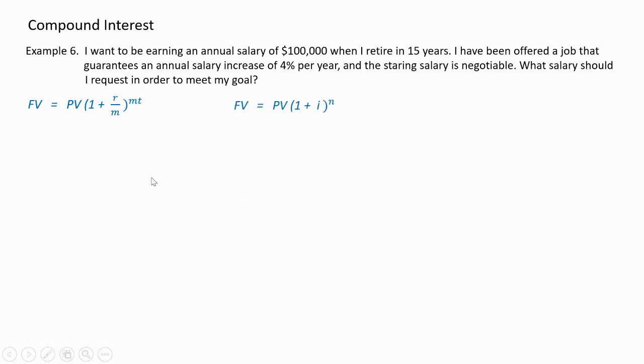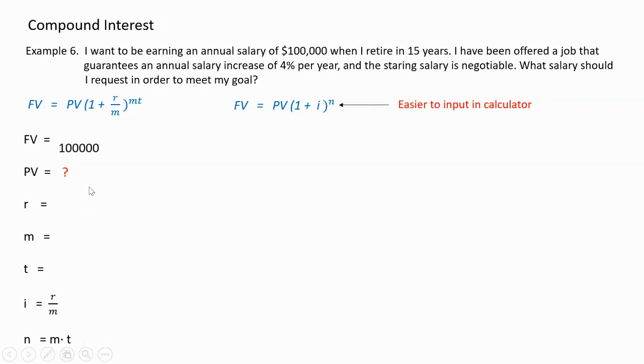So again, this is the formula that we're going to be using, and this is the easier one to put in the calculator. Remember, there's always going to be 7 things: 1, 2, 3, 4, 5, 6, 7. In this case, you want to be earning an annual salary of 100,000 in 15 years, so we're going to be looking for the present value. How much money do you want to ask for now?